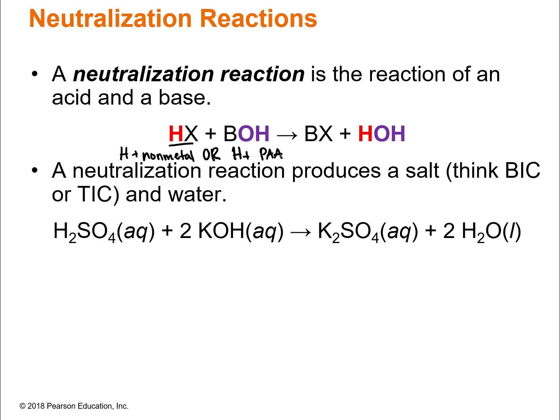So that one we already know. For a base, you're going to be on the lookout for a metal plus hydroxide, that's the OH, or ammonia, which is NH3. Those are the reactants, acid and a base.